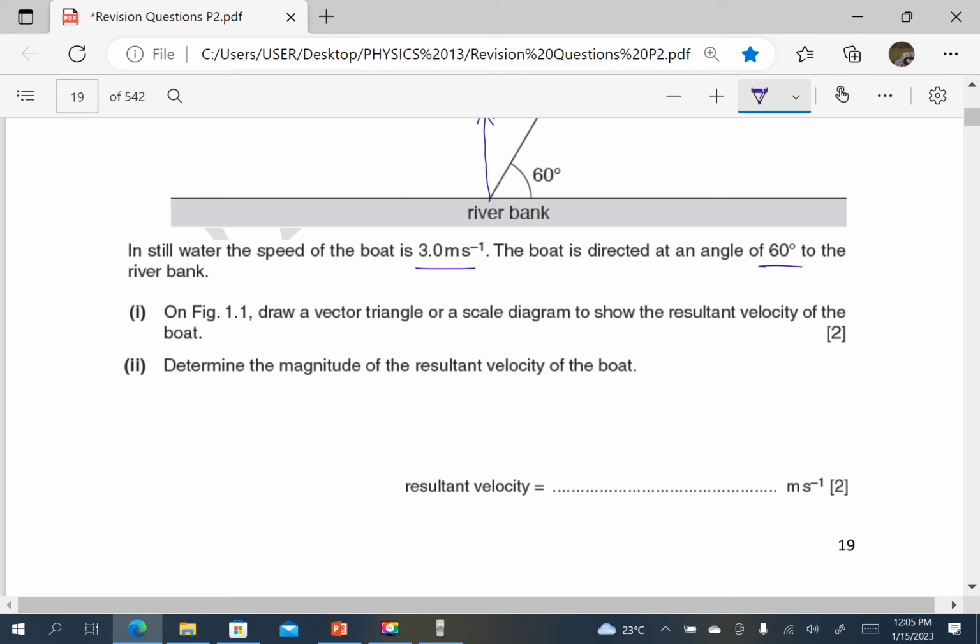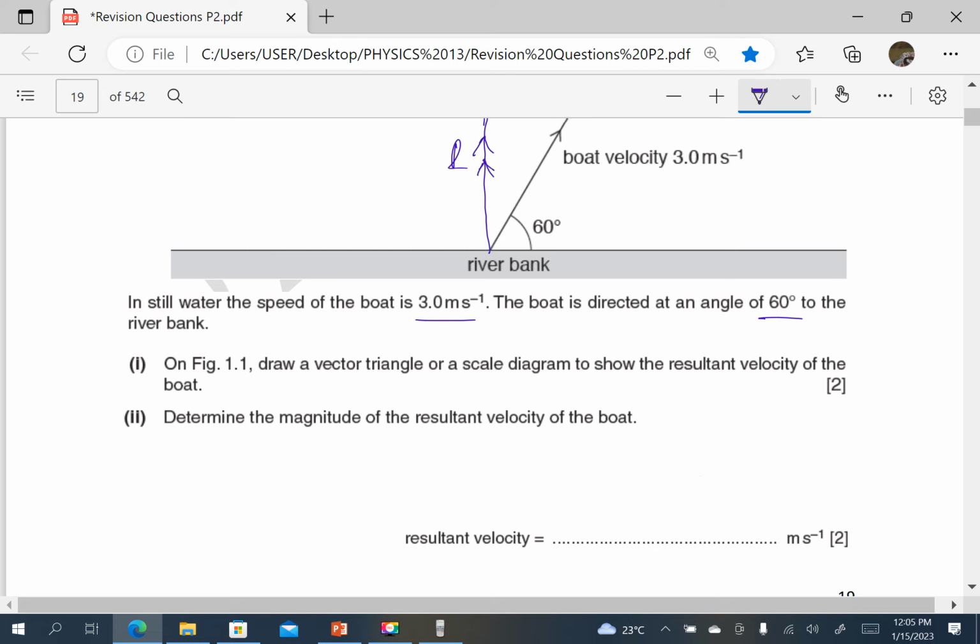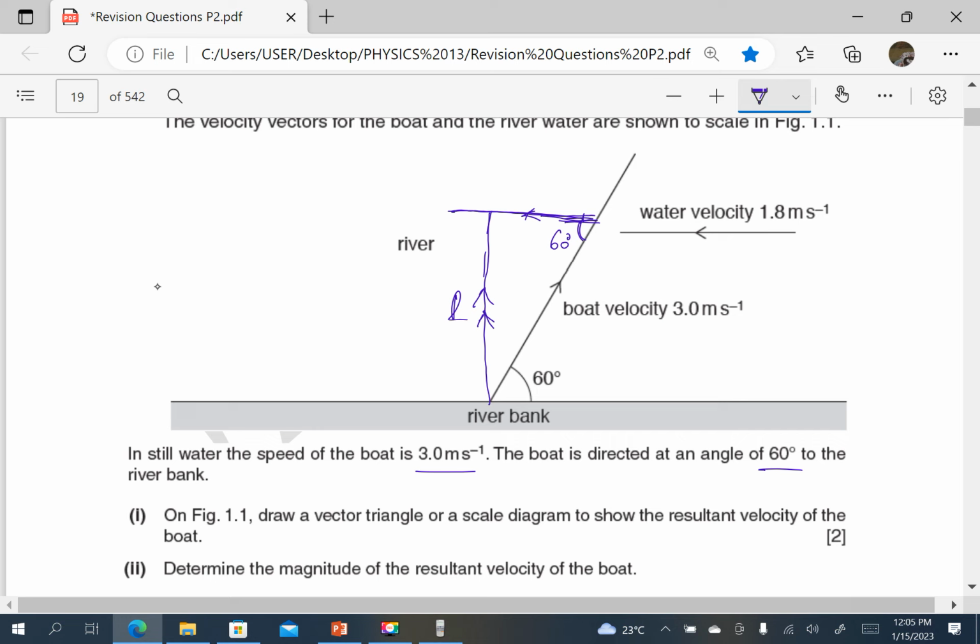If I use the vector triangle, here I can use the cosine rule. This is opposite. This one is 1.8 meters per second. This is 3 meters per second.